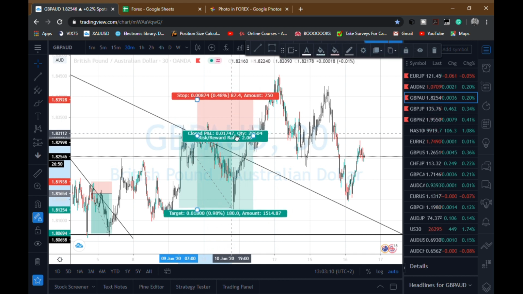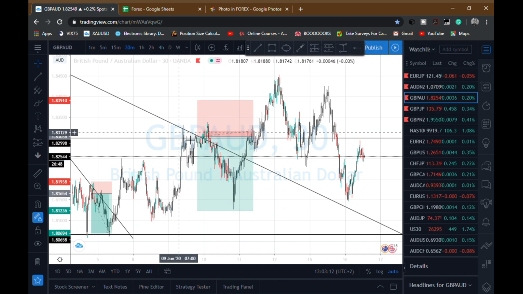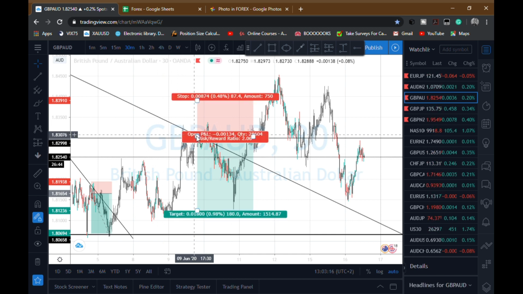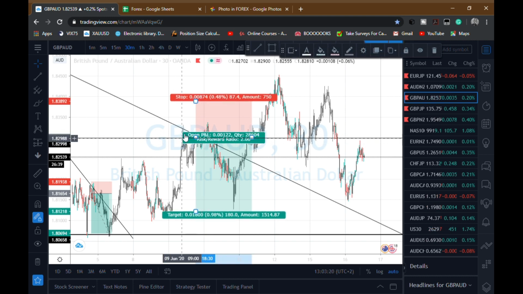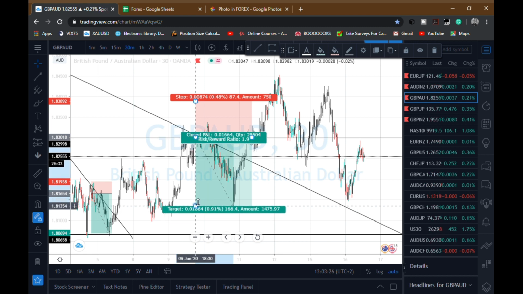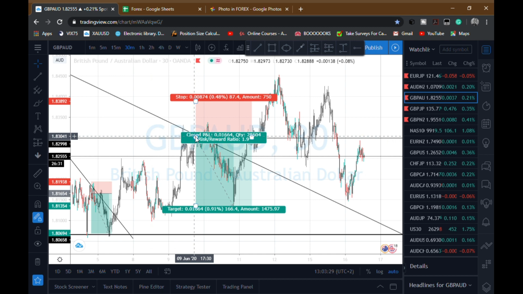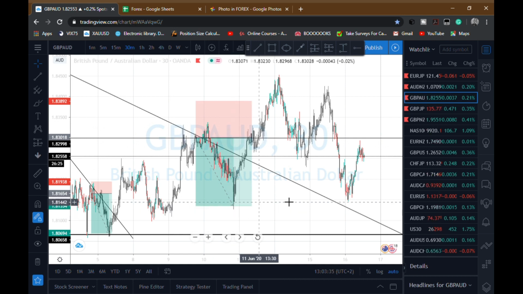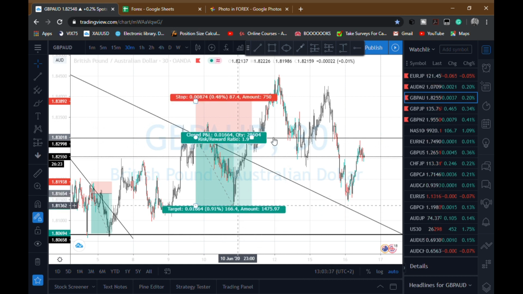Yeah, entered somewhere here. After I saw this double bottom, it made this first bottom, the second bottom. Then I entered. It went a little bit into profit, then went back to drawdown, and then dropped straight to my TP, hit my TP and went back.